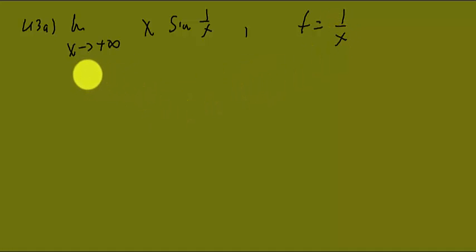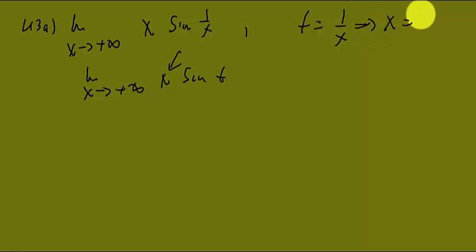Okay, so limit as x goes to positive infinity, have x times sine of t. Of course, I'm going to start writing everything in terms of t. So when I solve this for x, the x turns out to be 1 over t. So I'm going to make that substitution, 1 over t times sine of t.